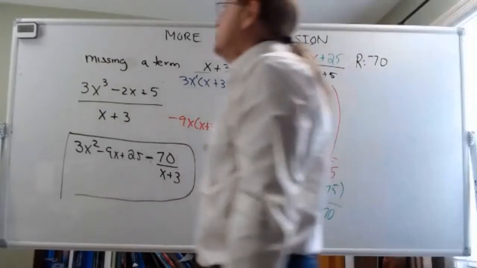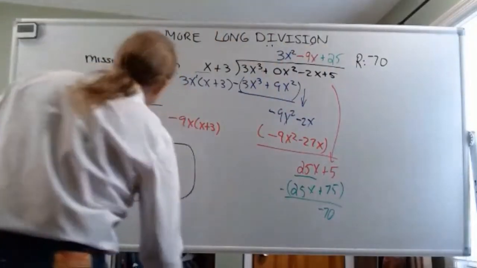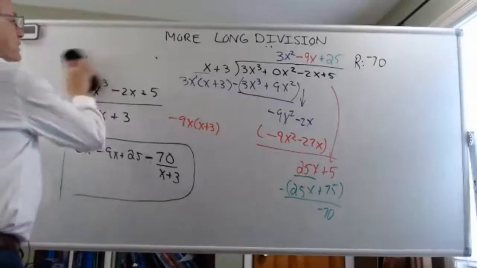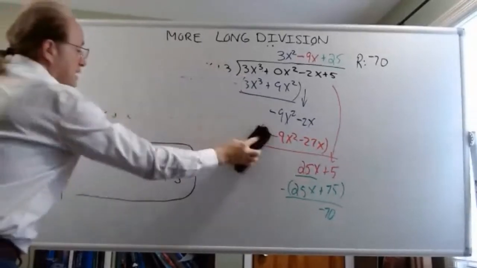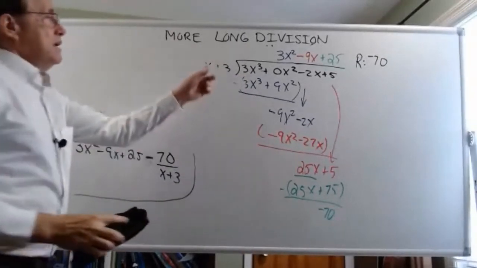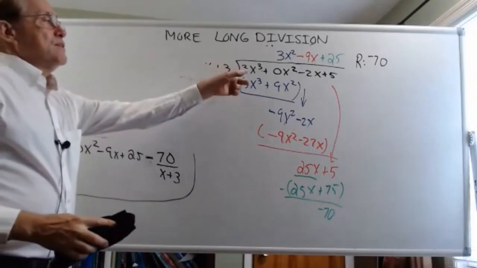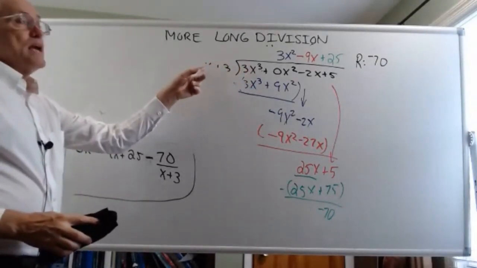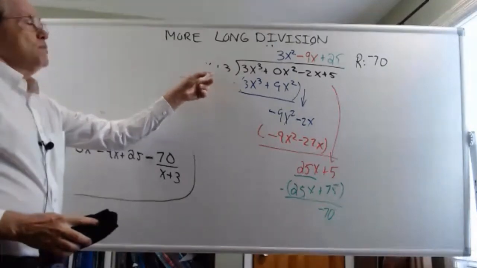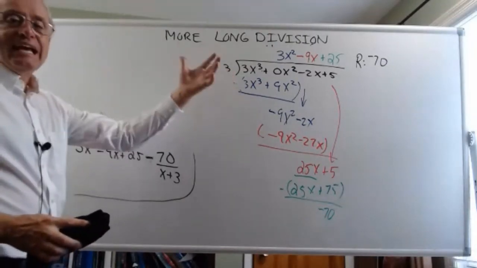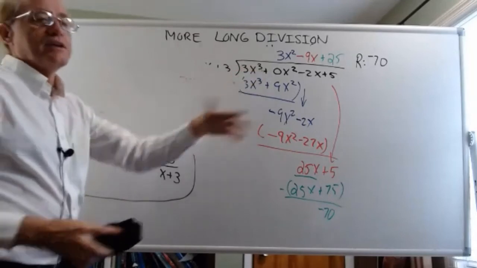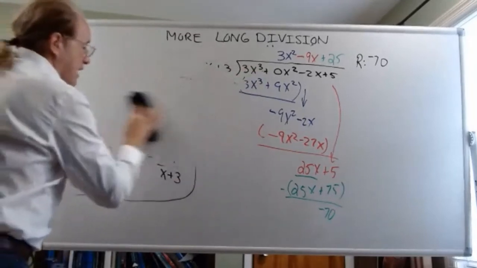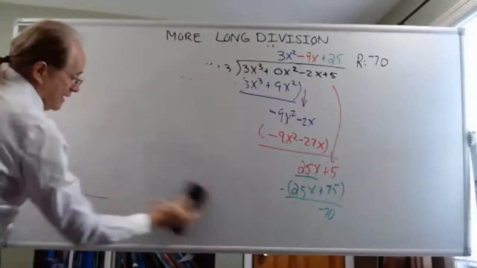Okay, so let me give you one to try, and we will end with that. I'll also make this with a 1 in front. Now, it could be that maybe I'm going to divide a third degree polynomial by a second degree. It could be I might have x squared minus 1, and I'm missing an x term. What would I do? I'd put the 0x in the divisor as I'm multiplying and dividing it out.